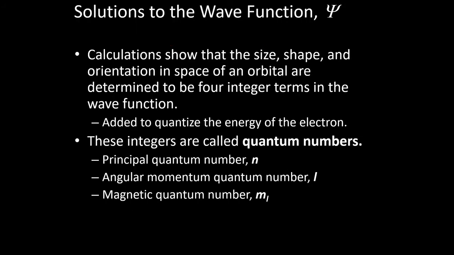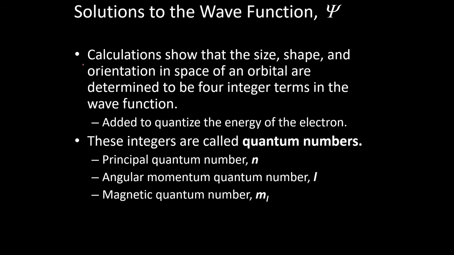Now, when we're looking at the wave functions that describe the electron and where it is inside of the atom, the wave function tells us the size of the orbital where the electron is, the shape of the orbital, and how it's oriented in space. More specifically, inside of that wave function, there are four terms, four integer values. Well, technically only three of them are integers, and the fourth one is a fraction.